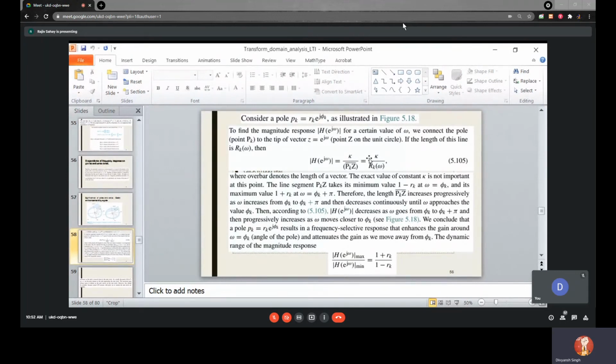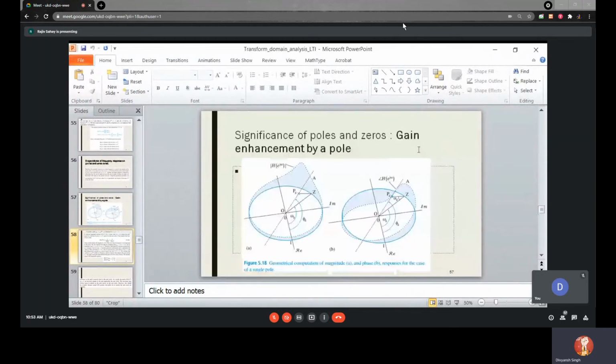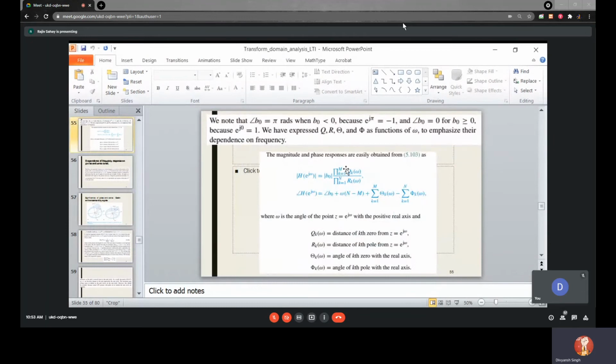So you see in the previous formula, you had the product of the lengths of the vectors from the zeros zk to capital Z divided by the product of the lengths of the vectors from pk to capital Z. You can take a look at this formula. See this, there is no zero. You have only one pole. So it is some constant divided by this single vector length.